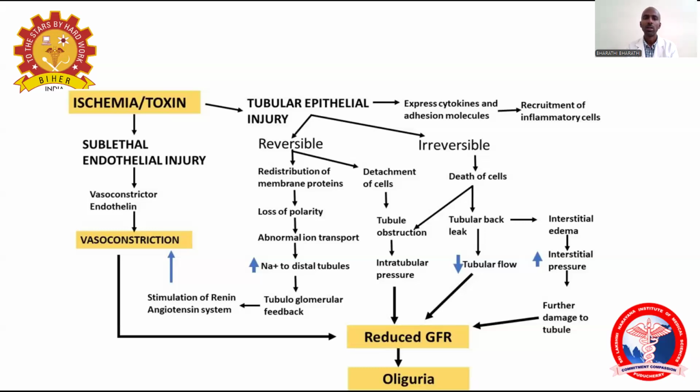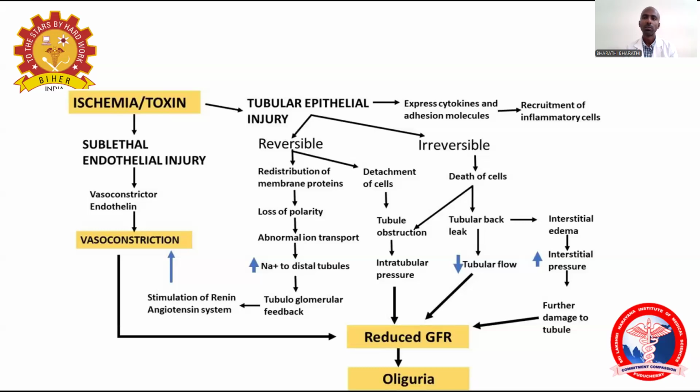Now coming to tubular epithelial injury. If it is a reversible one, what will happen? There will be redistribution of the brush border protein. This will result in the loss of polarity and abnormal ion transport.